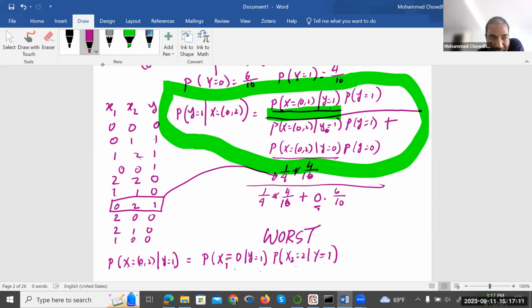They want to classify whether the owner of a mower, y equal to 1 means the person owns a lawn mower, and 0 means the person does not own a lawn mower.